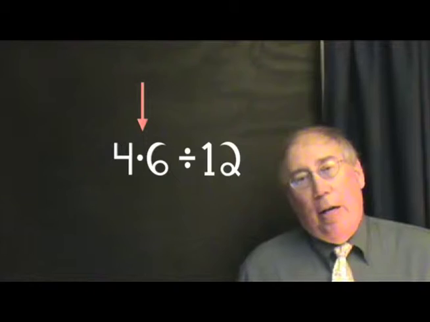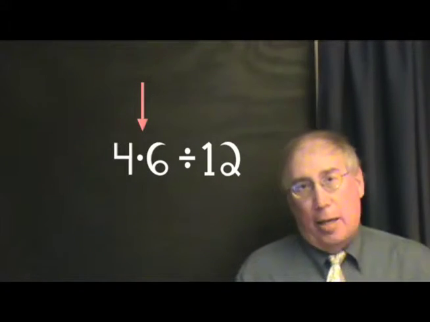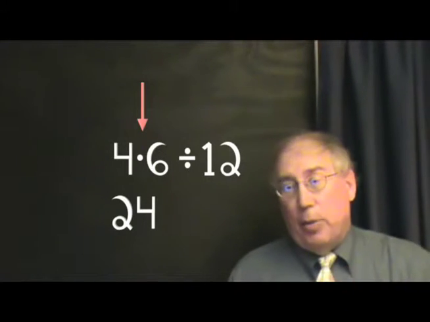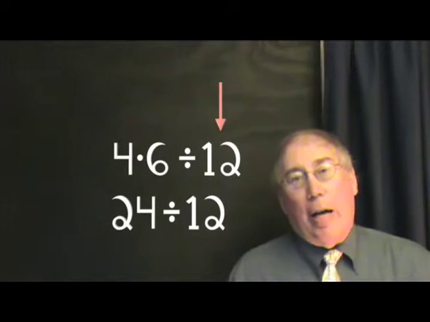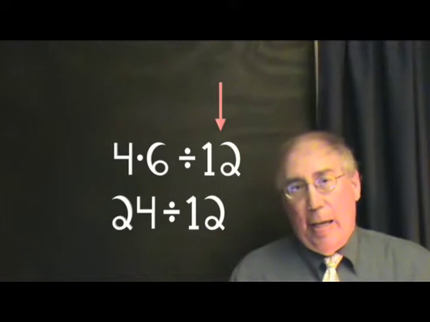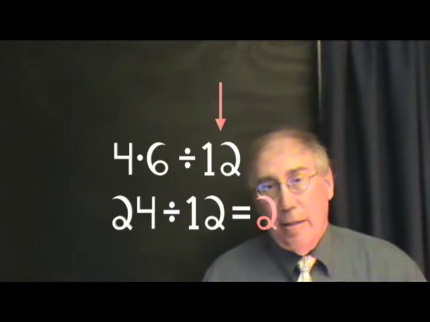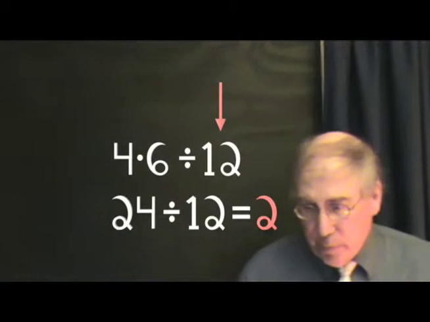Now here we have multiplication and division. Now let's start from left to right and first do the multiplying, and we have 4 times 6 is 24. And then we'll divide by 12, and that will give us 2. So that's how that problem there works.